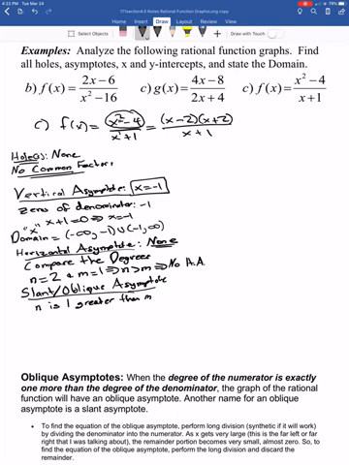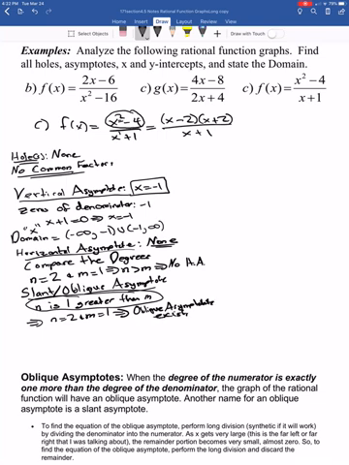So if n is 1 more than m, which it is in this problem, right? n is equal to 2 and m is equal to 1. So that implies n is 1 greater than m, so we do have an oblique or slant asymptote. We have a slanted line that exists.